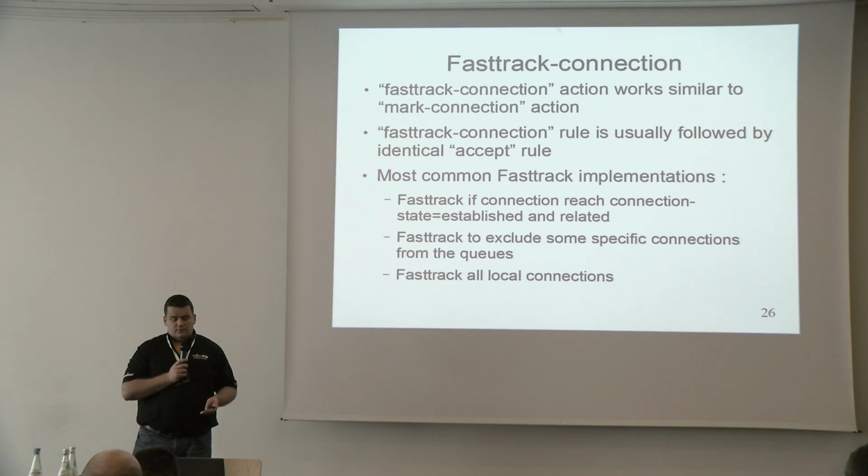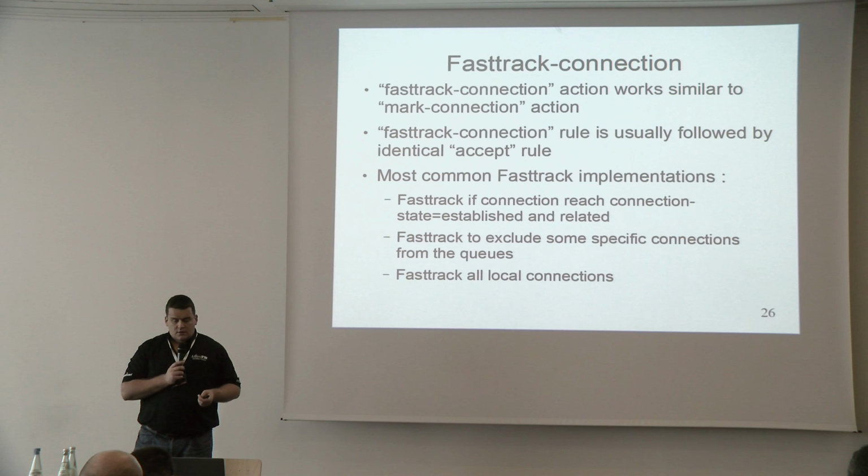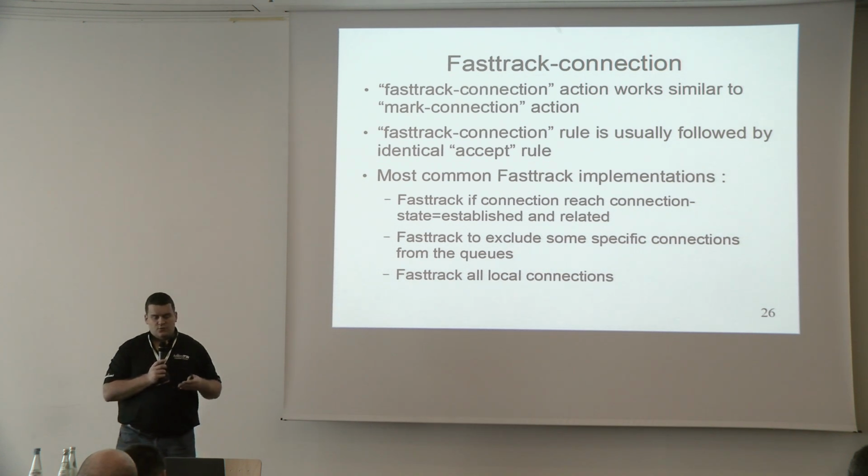The most popular fast track implementations so far: that one I showed you already, fast track all the connections that reached connection state established and related. The second most popular that we have seen is fast track some specific traffic to exclude it from the firewalling queues.